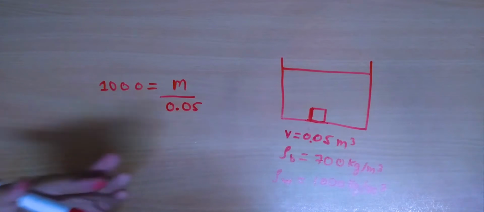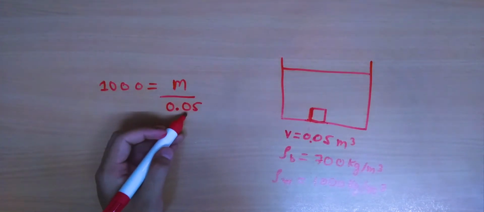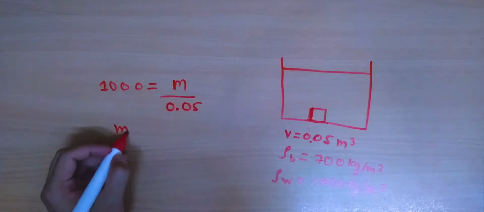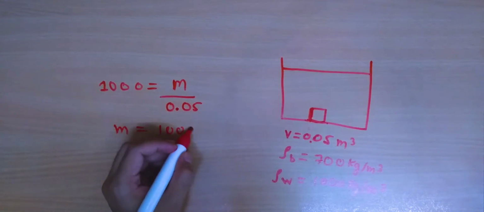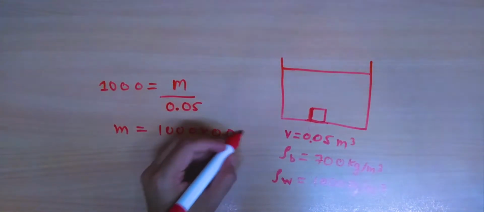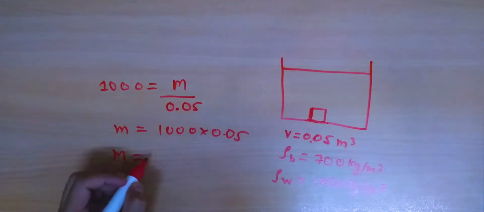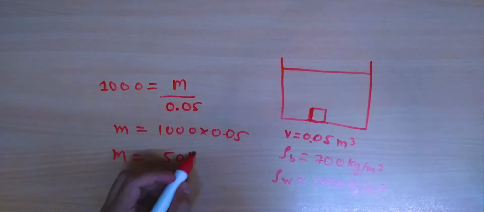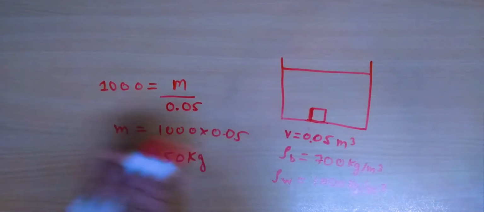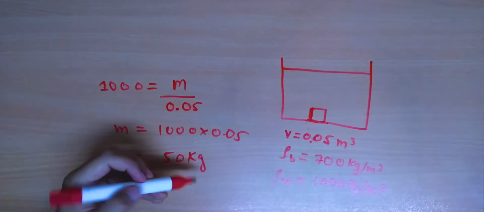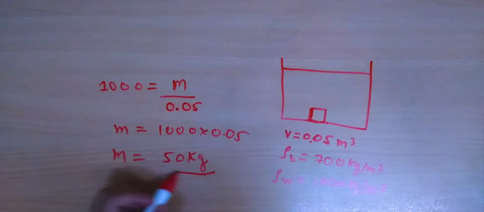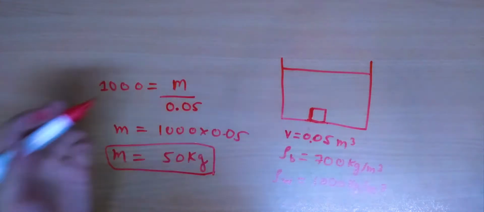Now I can shift it to the other side and I get mass equals 1000 into 0.05, or rather mass equals 50 kg. So this is the mass of the water that is being displaced.